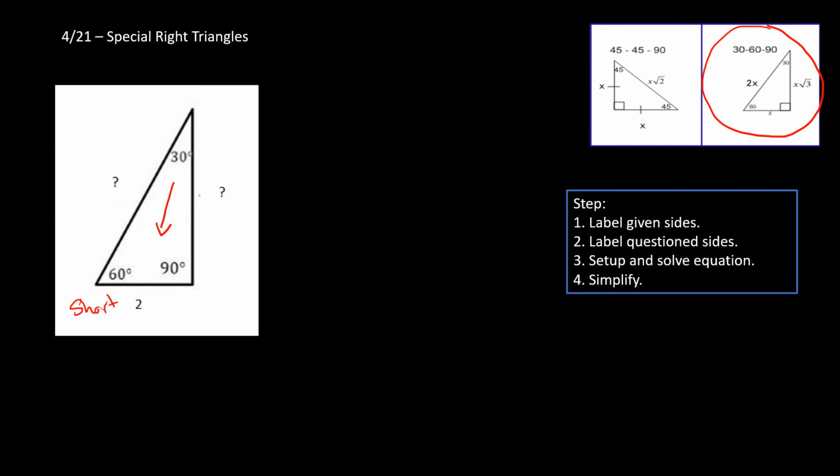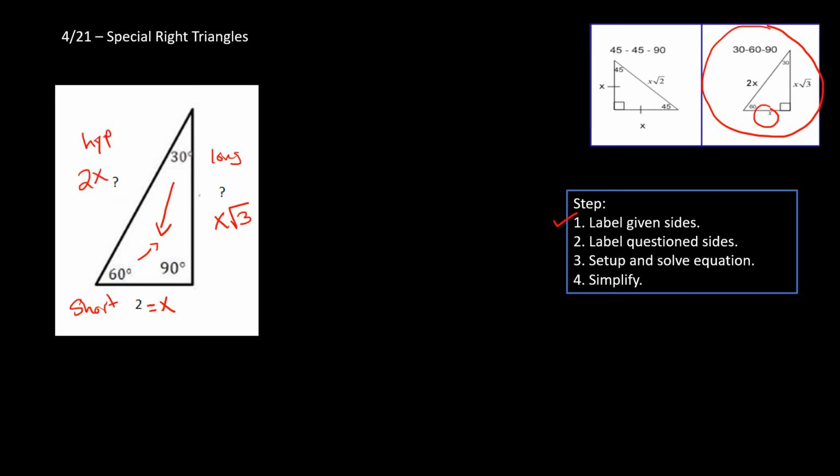It's very important here that we identify this short side as 2, which is equal to x. I get that from here. Opposite of the 60 is our long, and this is what we're looking for. So it's very important to identify that this is going to be our x square root of 3 value. And our hypotenuse over here is our 2x value.